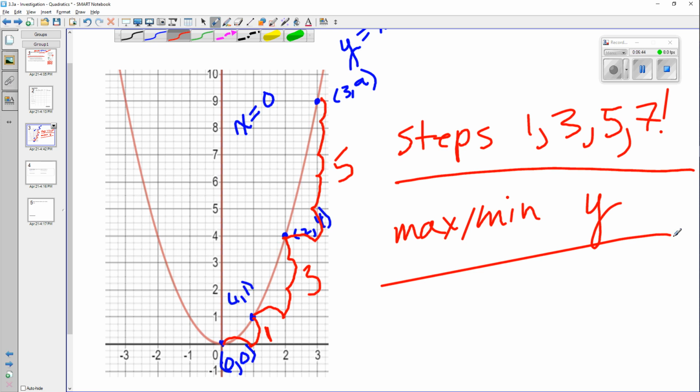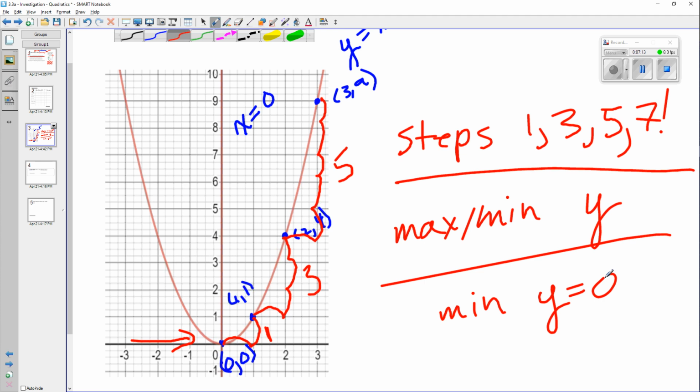If I look at this parabola, the lowest y value is 0. Would you look at that? The lowest y value is 0. So all the numbers that go up are on the parabola, but there is nothing below y equals 0.